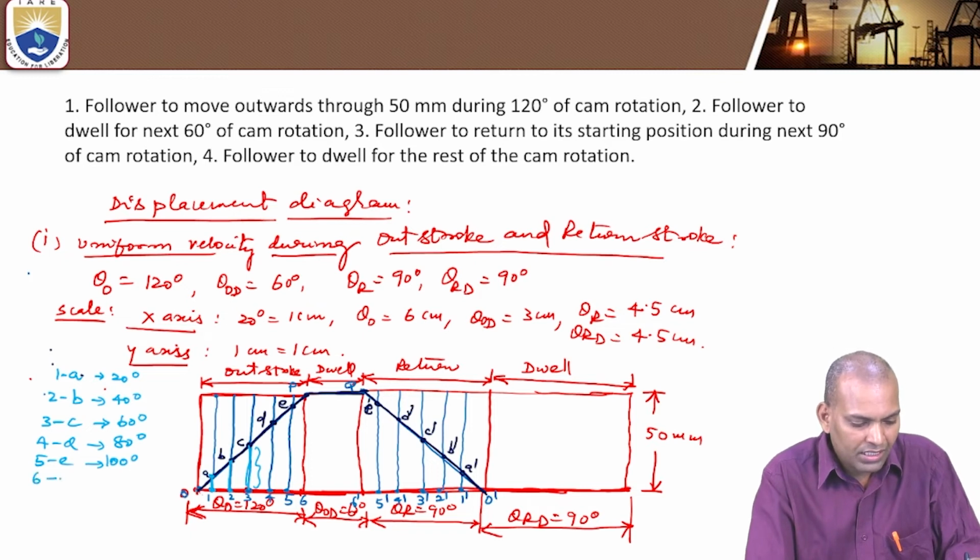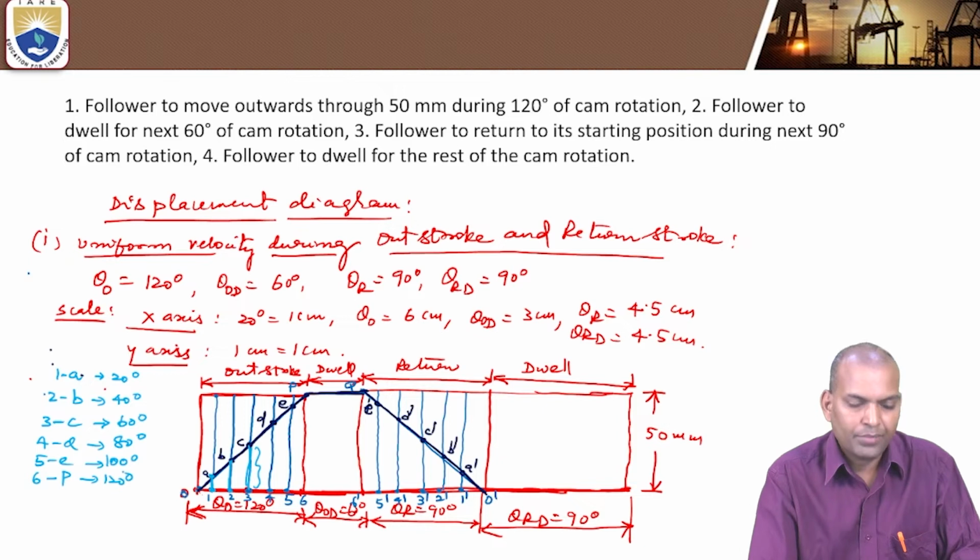And finally 6P is 120 degrees of cam rotation.